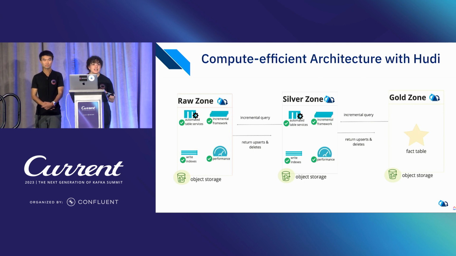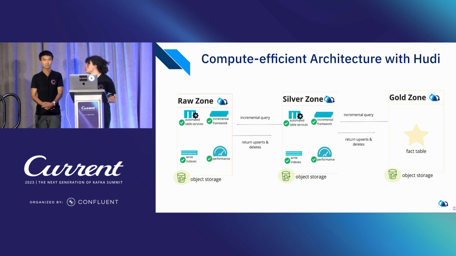Since Hudi provides an indexing mechanism, you can take the data updates from your upstream databases and apply the row-level changes to your downstream applications. As a result of the incremental framework, you have faster ingestion and faster processing times, which leads to faster analytics. So Hudi's features and services enable you to build performant applications, bringing down your analytics that you would typically do for hours and days down to minutes.